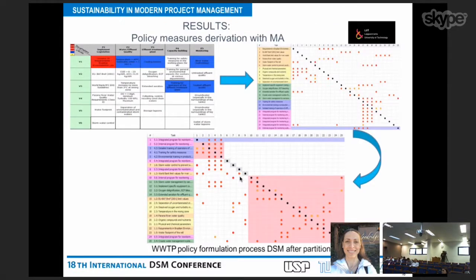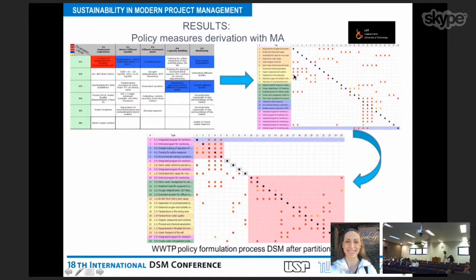So once we have selected the best policy measure, just as an example here, we have to build a design structure matrix. So we have different sets of policy measures which could come with morphological analysis.